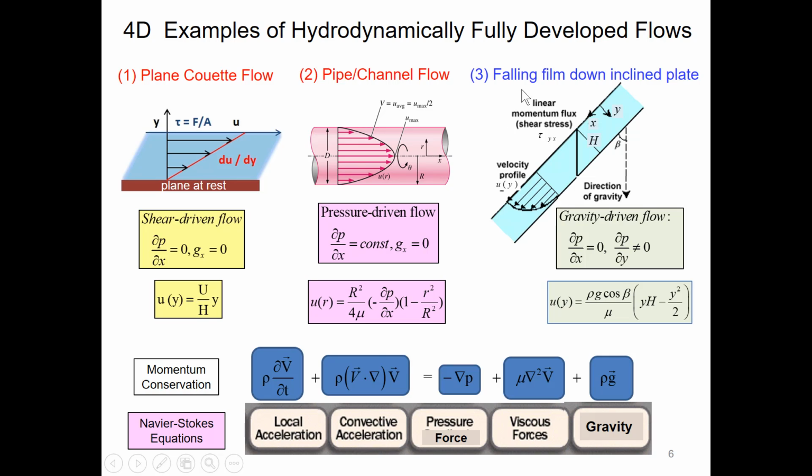Third, for the falling film, like falling water down an inclined plate, the flow is purely driven by the gravity to overcome the resistance, viscous force. From these three examples, it indicates that some forces are dominant, others are disappeared.